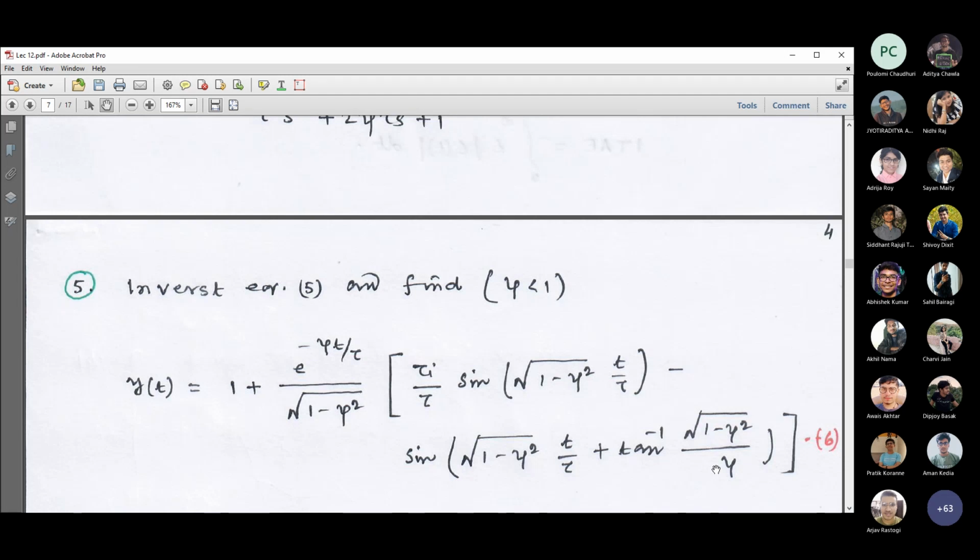So for finding that error, we are basically trying to find y(t). So if we take the inverse Laplace transform, we get this y expression.